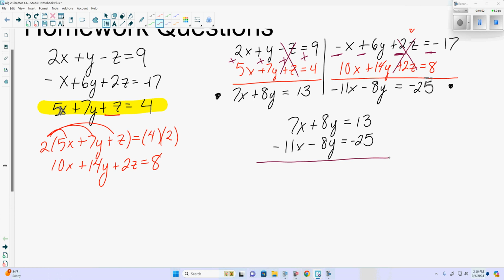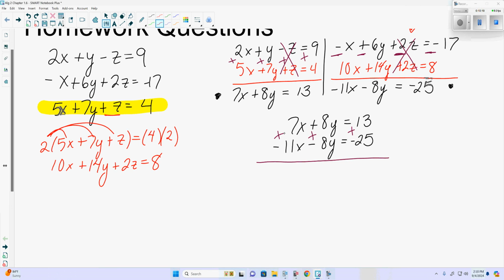So we have these lined up, set up, ready to go. Now we need to decide if we're going to add or subtract. If the signs are opposite, we add: 8 plus negative 8 is 0, so we would indeed add.